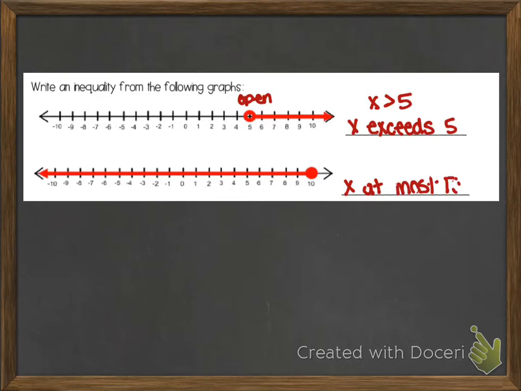And if X is at most 10, that means if we look at our number line, it stops at 10, and all the numbers that it includes in the red are less than 10. So it's at most 10, which means X is less than or equal to 10.